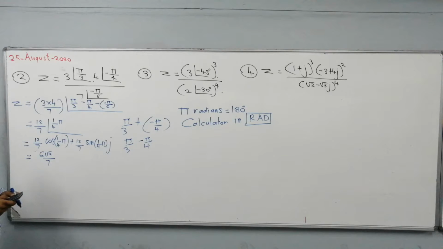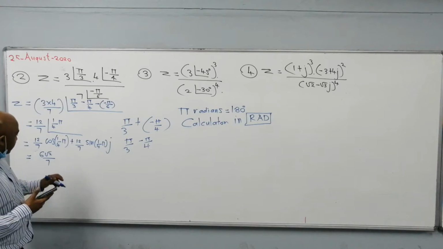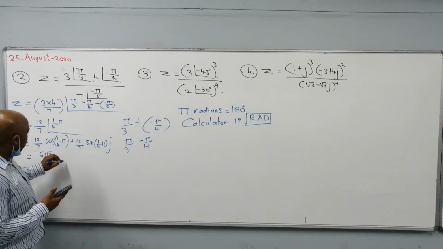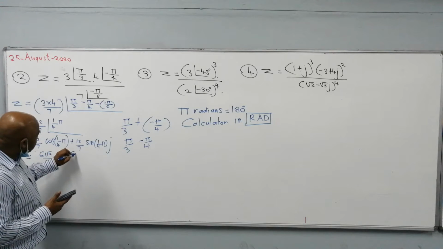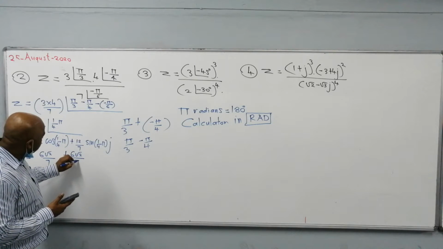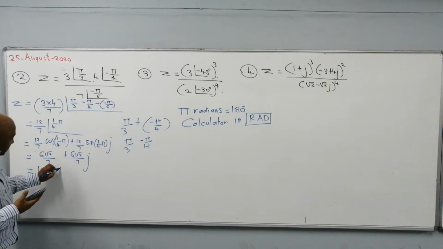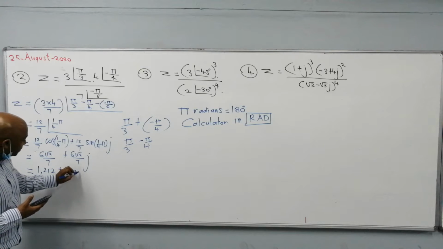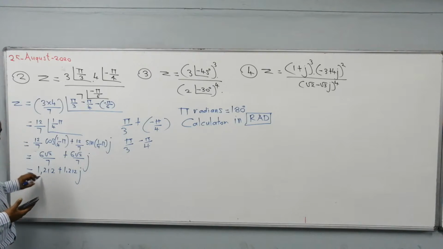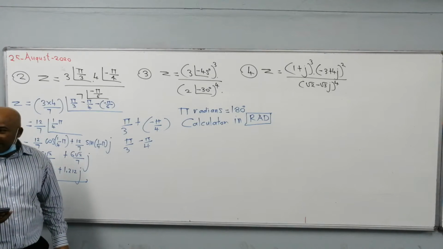And then just delete the cos and put sine. And this is going to be plus 6 root 2 over 7 j, which is basically 1,212 plus 1,212 j. You'll get the same thing.